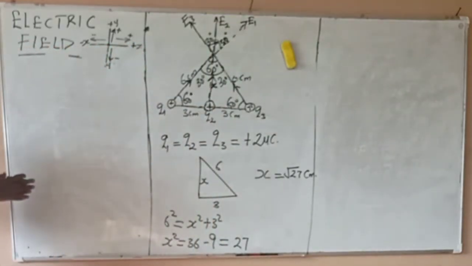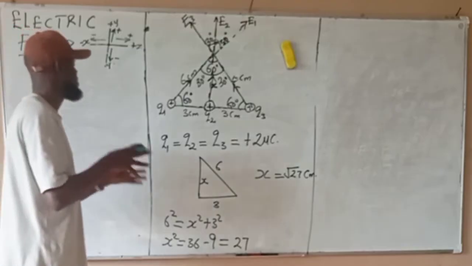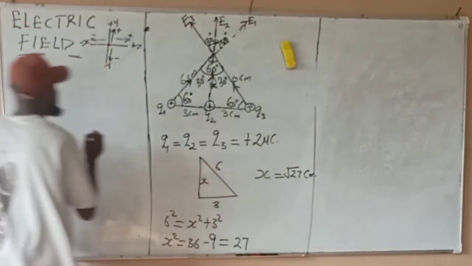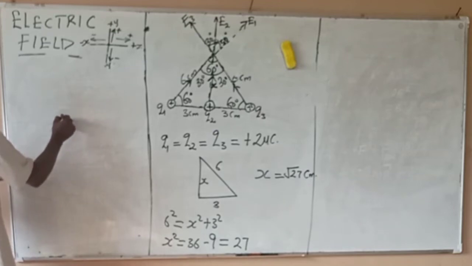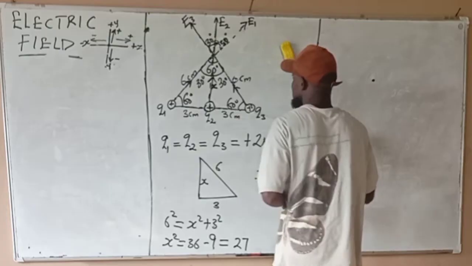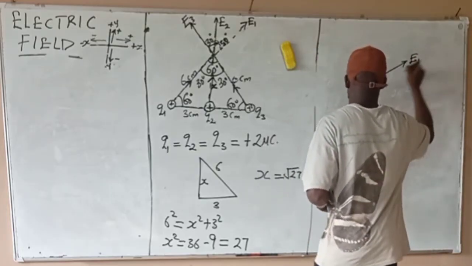Since I've gotten the angles made by these vectors, we can now resolve these vectors to the horizontal direction. We also resolve them to the vertical direction. We look for the resultant or the total field at this point P. So look at what we're having here. We have a point, and the vector going in this direction is E1.